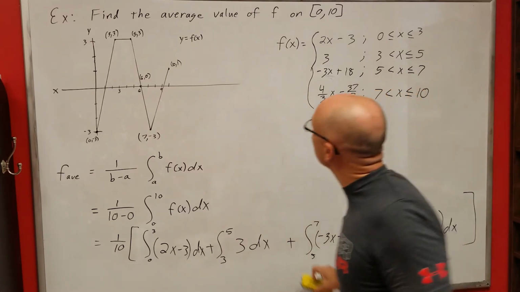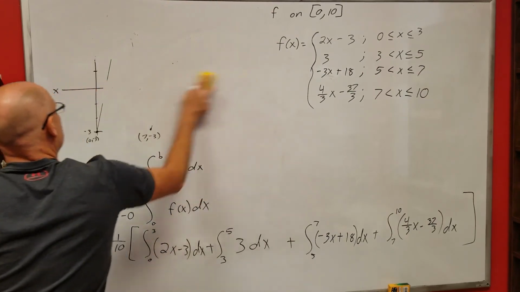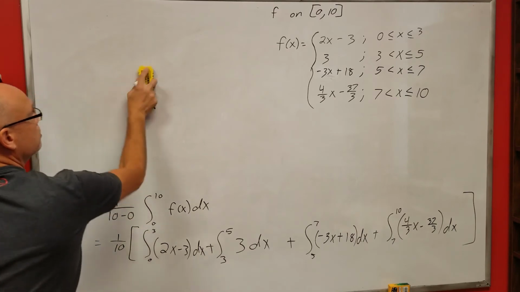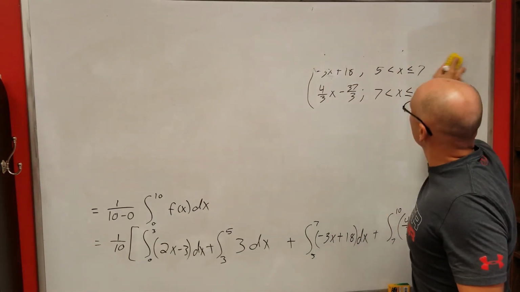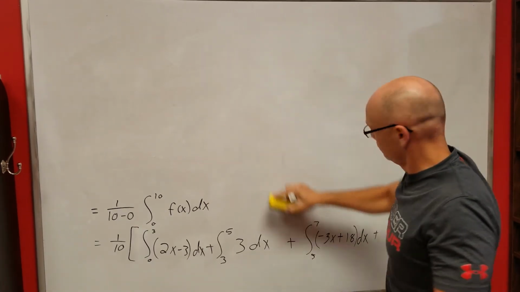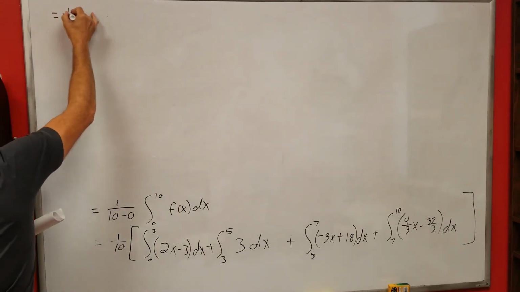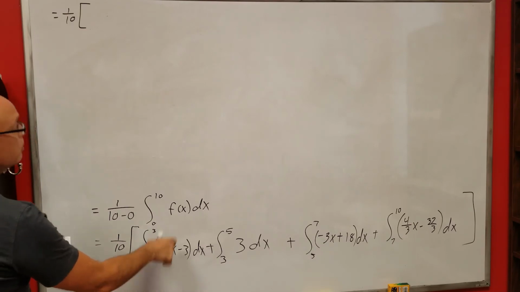Oh, I'm going to have to erase some stuff to do so. Let's see. So if I keep going here, let me erase all this actually. So we'll need to, all right, so we got 1/10 bracket, and then let's take an antiderivative here.